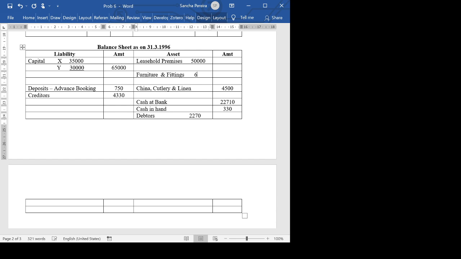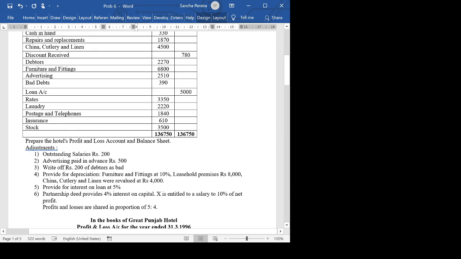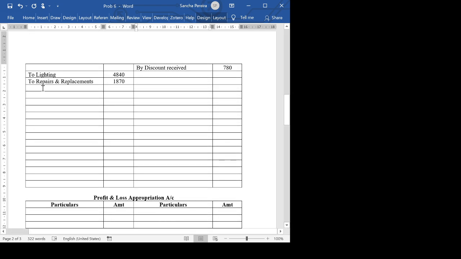Inner column, there's depreciation, 6,800. Then there is advertising 2510. To advertising, 2510.